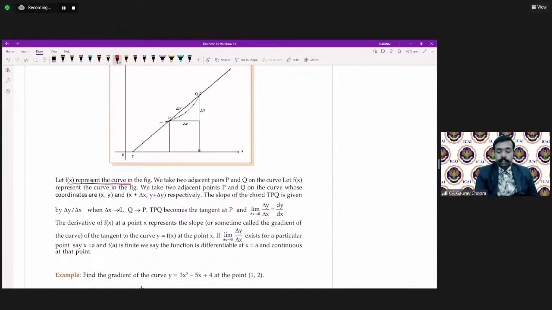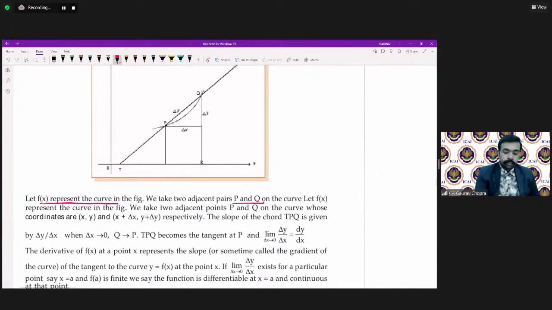We take two adjacent points, p and q, on the curve. The coordinates are x comma y and x plus delta x comma y plus delta y.